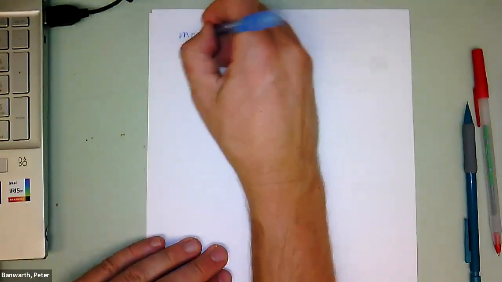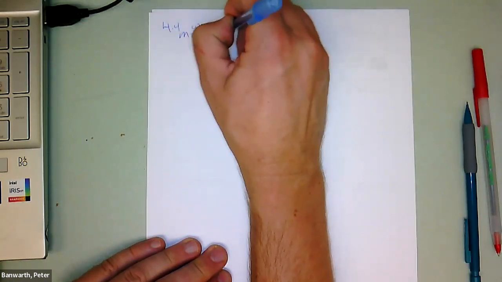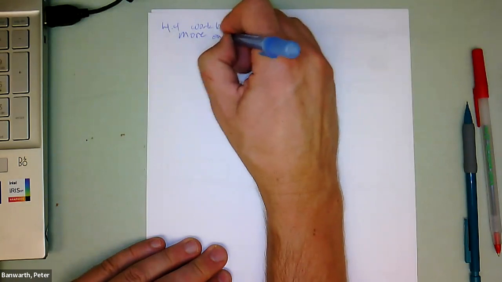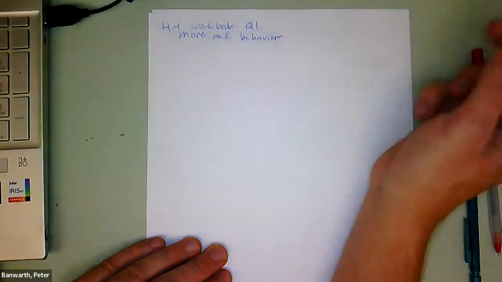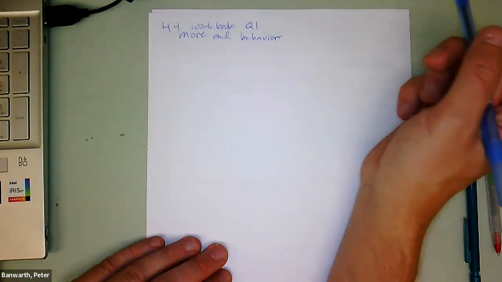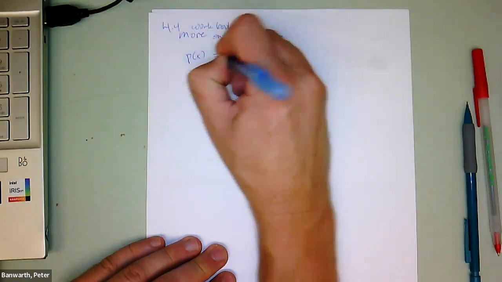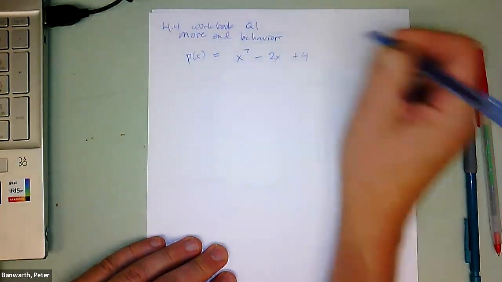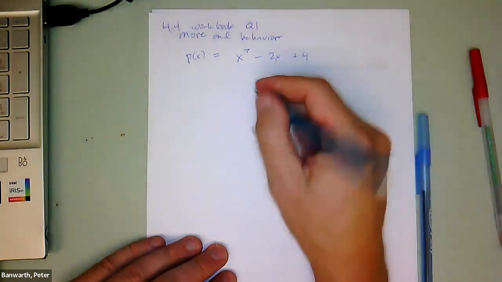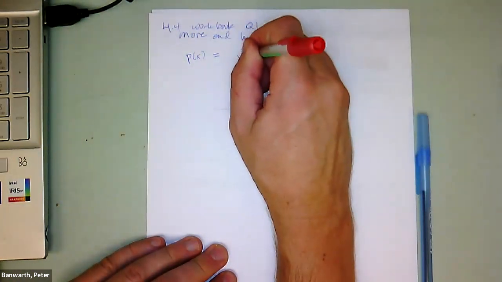Okay, more end behavior. Let's just do another one. So this is 4.4 in the workbook. Question 1. More end behavior. We just looked at something that looks like x squared, so now let's look at something that looks like x cubed. So if I have a polynomial function, x to the 7th minus 2x plus 4, is that power even or odd?